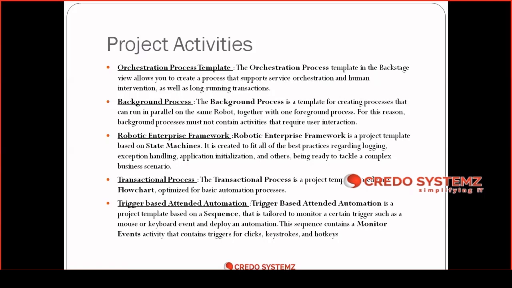That is why we have the robotic enterprise framework. It will actually list: this is your first set of actions that you need to do. After this, in your project, compulsorily you have to do this set of operations. And then the third thing will be another set of compulsory operations. And then you'll go for transaction processing, and then you'll go and end the process. So you will have an order in which you will be executing your code.